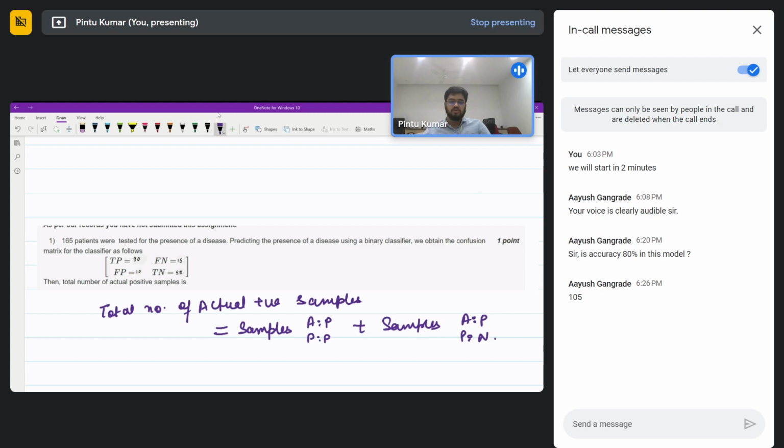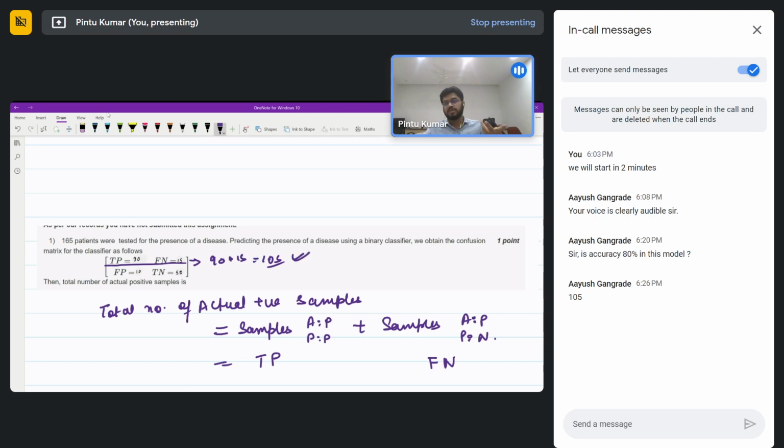So what does this mean? This is true positive and this is false negative, right? So you will sum up this particular row. So this is 90 plus 15, which is 105.